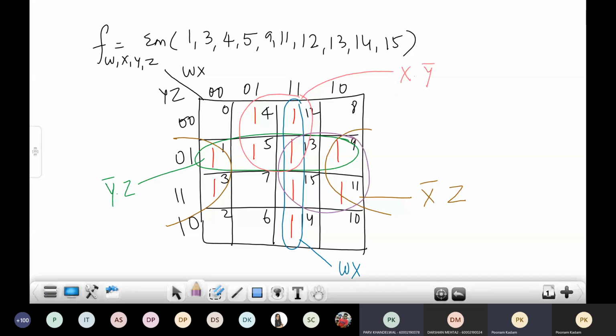This is also a group of four cells. So how will you select which group to use and which not to use? Ma'am, we will try to keep the number of prime implicants less, no?